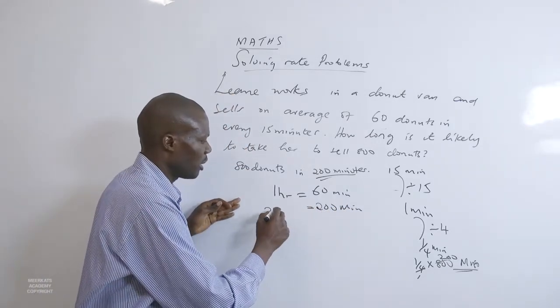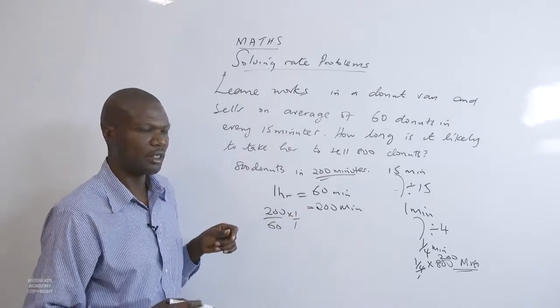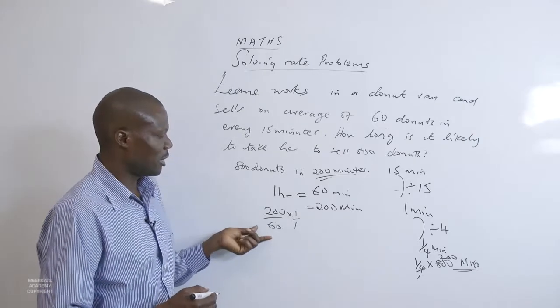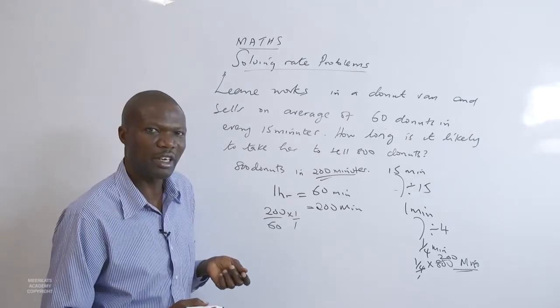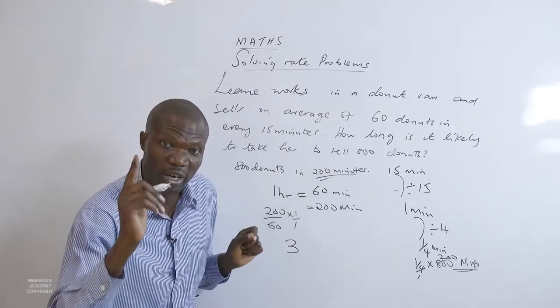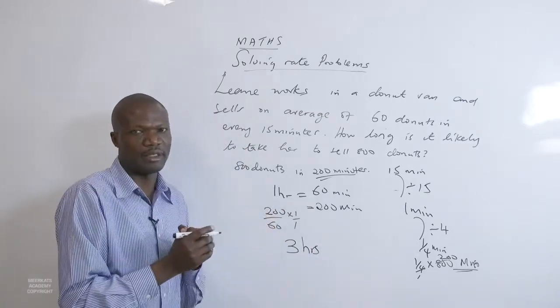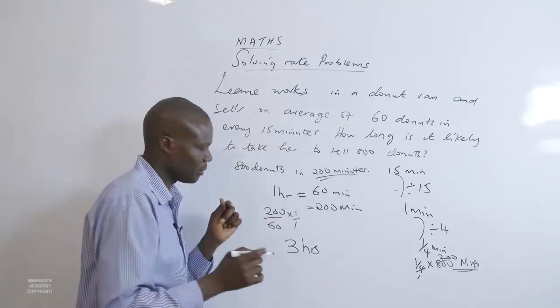It will be 200 over 60 multiplied by 1 over 1. When you do this, 60 goes into 200 how many times? It goes 3 times because of 180. So this is 3 hours. Remainder 20. 20 is minutes.